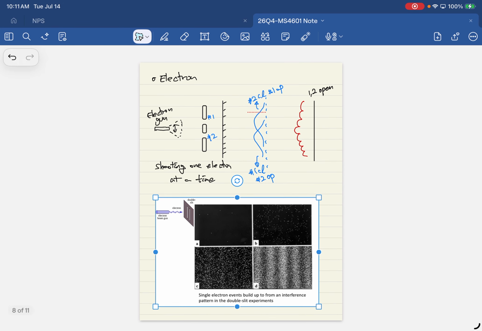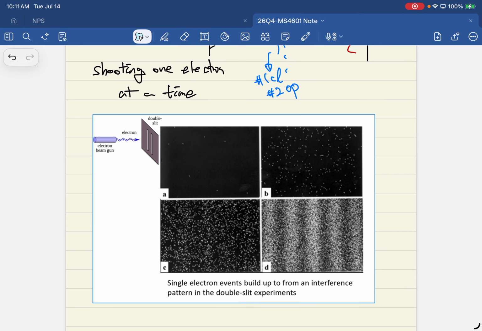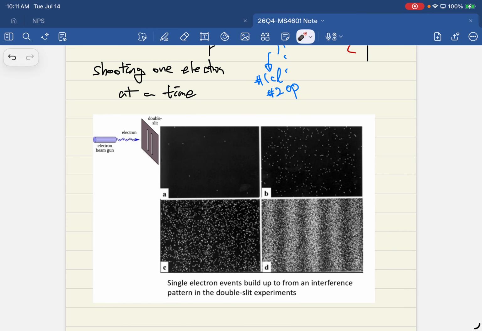So again here, if I zoom in, the electron beam goes here, and then we have 2 holes there, okay? And then we are shooting 1 electron at a time, so this one has a very low number of counts, right? It's basically some points here. And then as we do this experiment thousands of times, you see the wave interference effect, right?